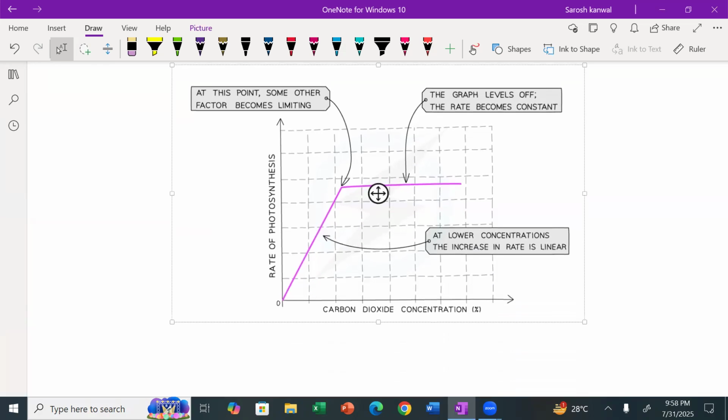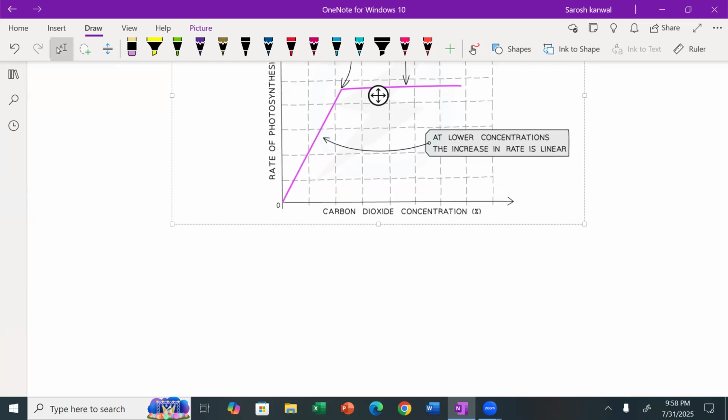Okay. Now at this point, some other factor again becomes limiting, and then the graph levels off as the rate becomes constant, right? Here again the relationship was linear.